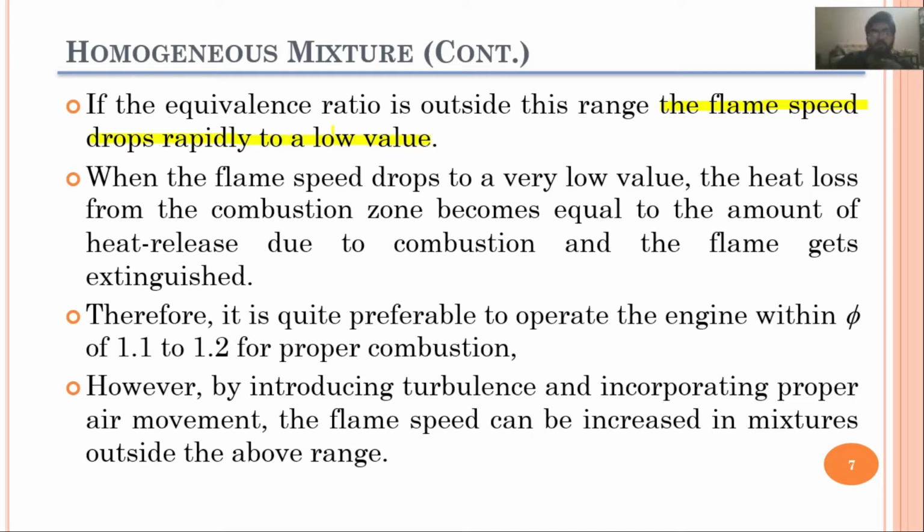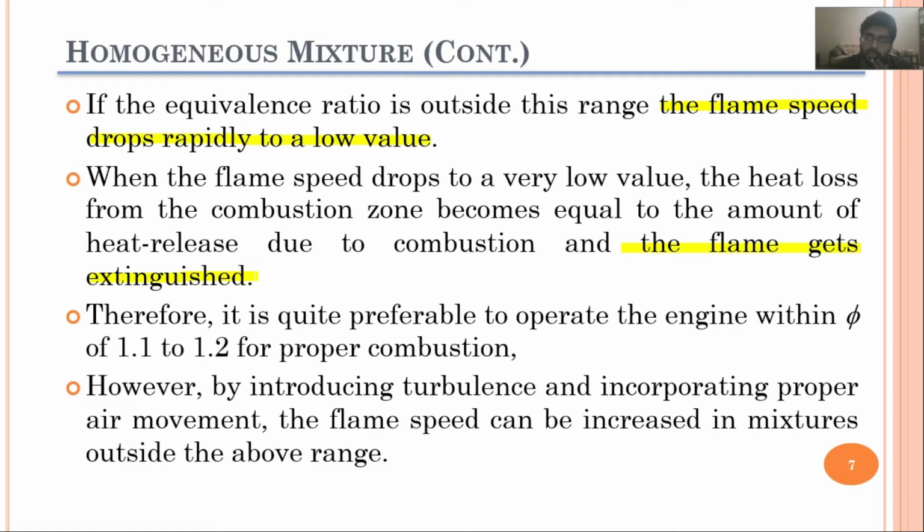Now moving forward, when the flame speed drops to a very low value, the heat loss from the combustion zone becomes equal to the amount of heat release due to the combustion, and the flame gets extinguished. This is what I explained earlier, that when the equivalence ratio goes beyond the operating range, the flame will get extinguished.